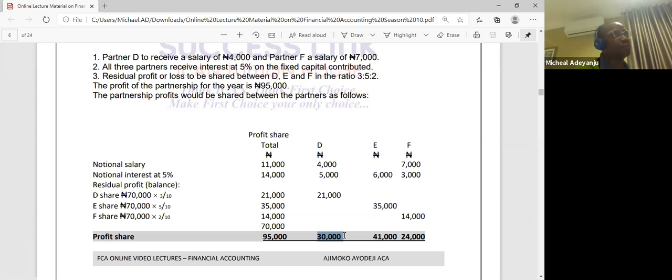But because they've agreed that the least amount D should collect is 35,000, the difference of 5,000 will be deducted from the rest of the partners and added to D's account. I don't know if that makes sense.